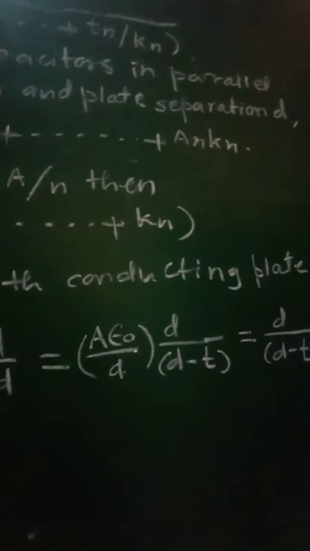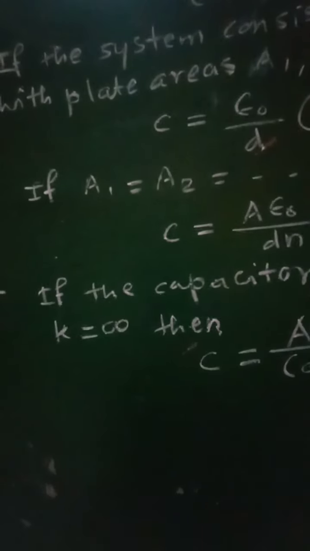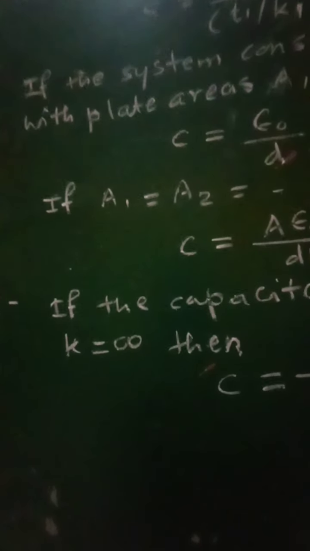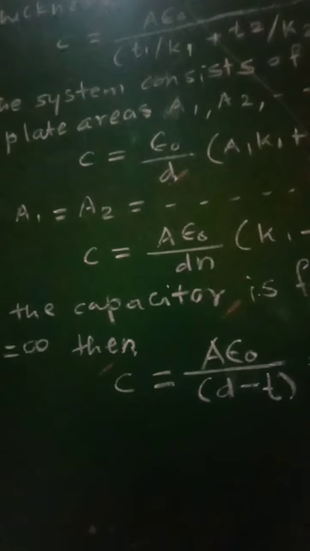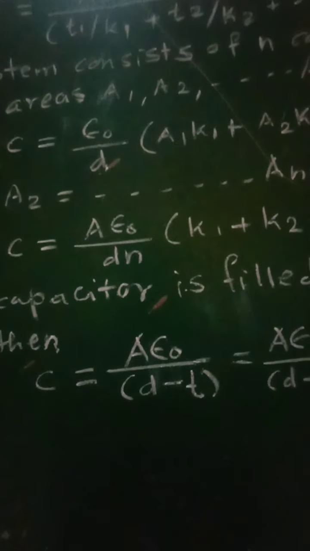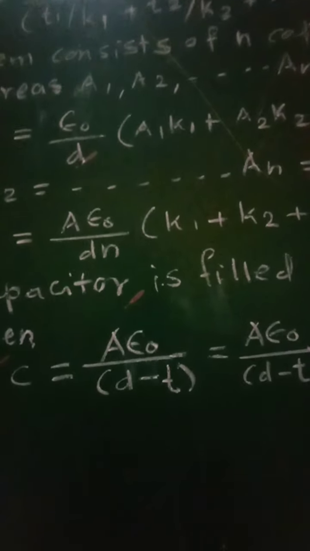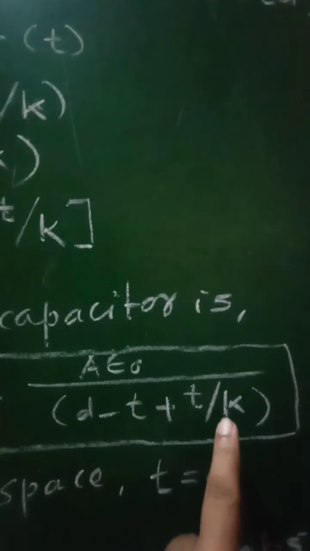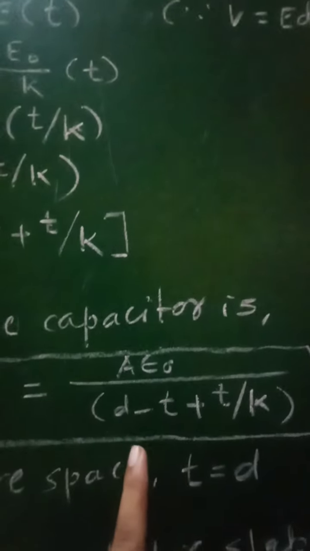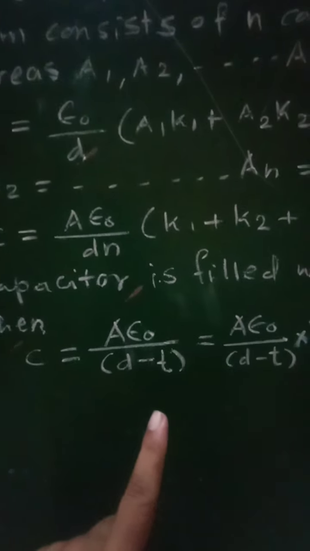Instead of dielectrics, if any conducting plate as a conductor is introduced between the plates of that capacitor, then the dielectric constant k for that conducting plate will be equal to infinity, and then the capacitance of that capacitor is given as A epsilon 0 upon d minus t, because from this relation k becomes infinity, therefore t by infinity will become equal to 0, and therefore only A epsilon 0 upon d minus t we will get.